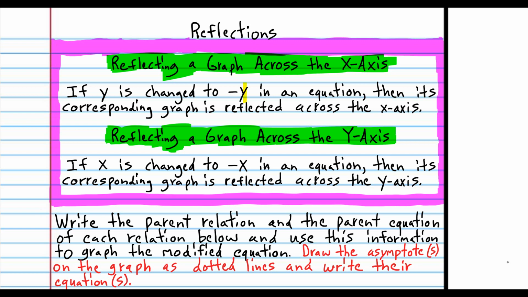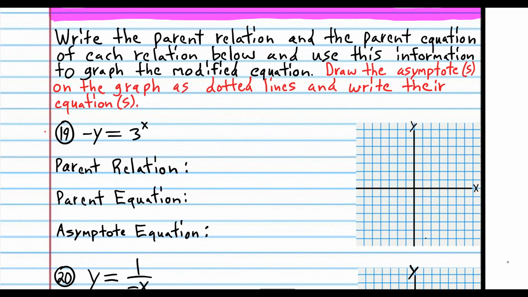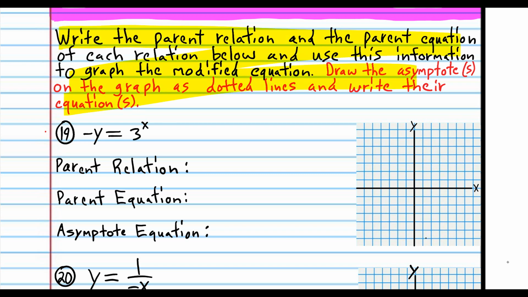Okay, so it's the opposite of what you would think. You put a negative in front of the y variable in an equation, you reflect across the x-axis. If you put a negative in front of the x variable in an equation, you reflect across the y-axis. And so we talked about reflection in the previous class. These are the same problems that we did before.